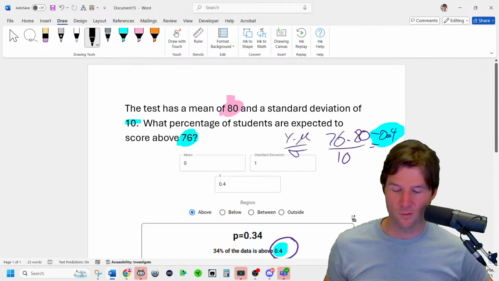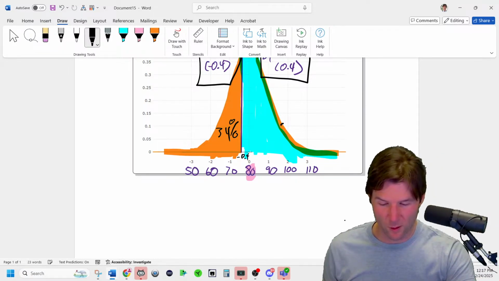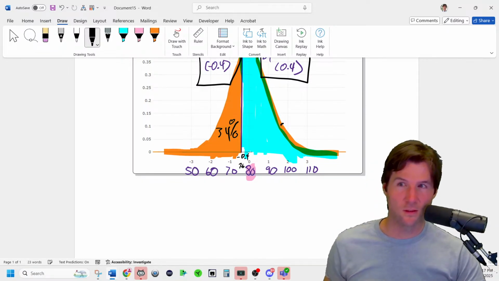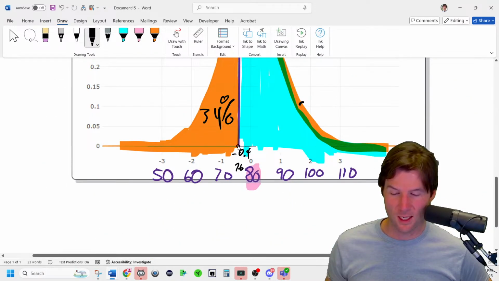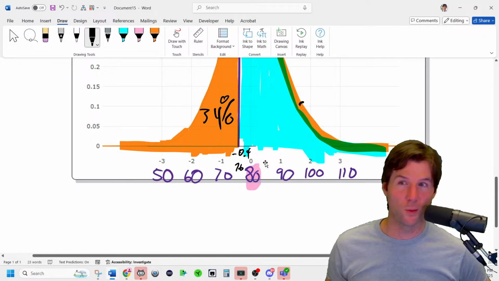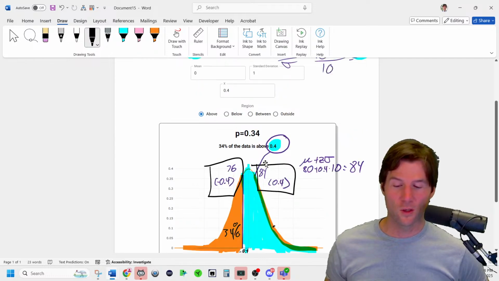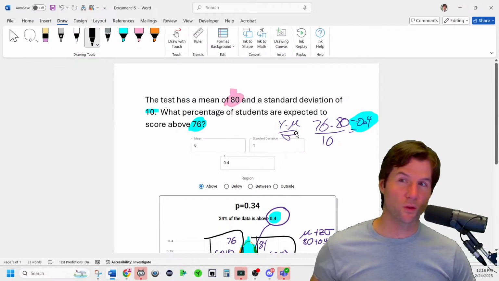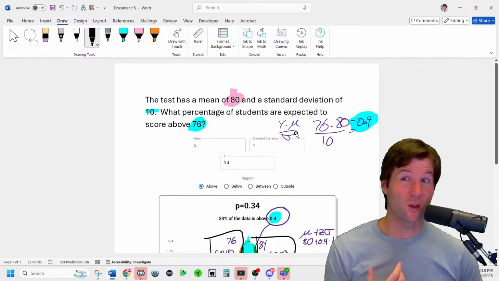You should be able to see visually on the bottom that this is about at negative 0.4 and this is at 76. When you graph down to it, you would see that hits at negative 0.4 and that also hits at 76. And then you would see over here 84 hits at a z-score of 0.4 and you would see the symmetry. You'd be like, oh, it's just the other side of the curve. So turning things into z-scores or observations, just having both and drawing both, can usually answer a lot of the questions.